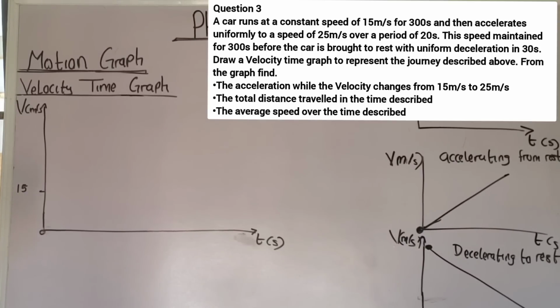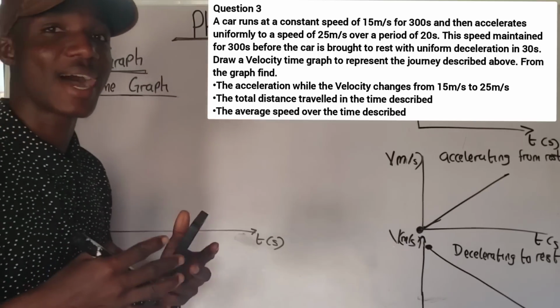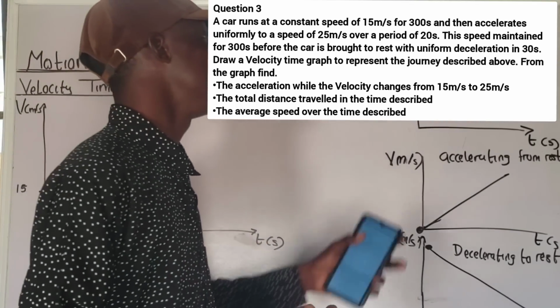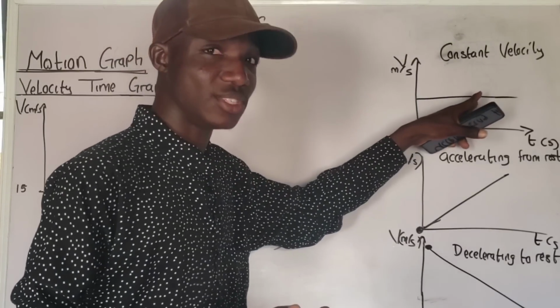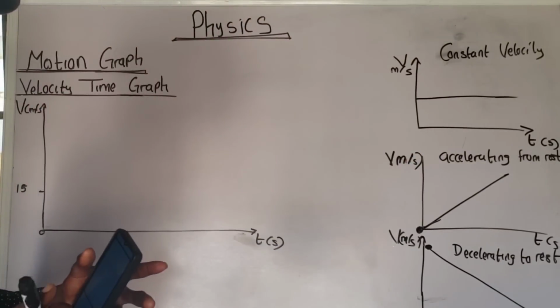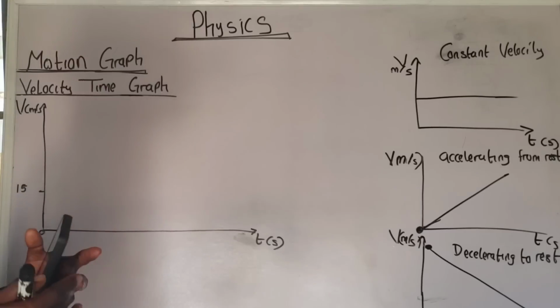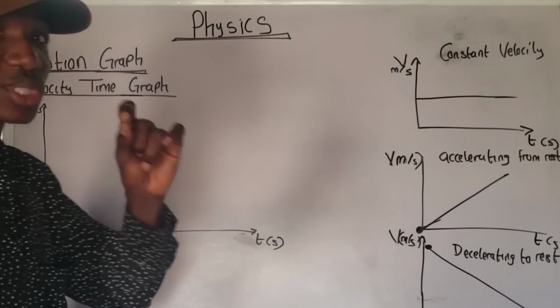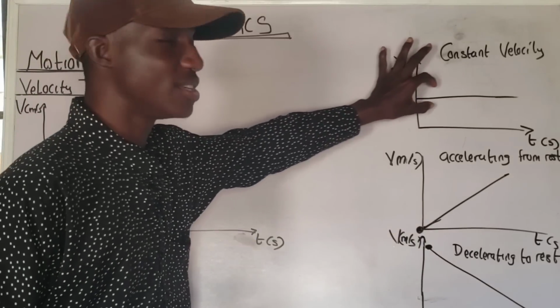That means that the speed is not changing. And I told you in our previous class that when an object is moving at a constant speed, the graph looks like this. When a body is moving with a constant velocity, this is how the graph will look.